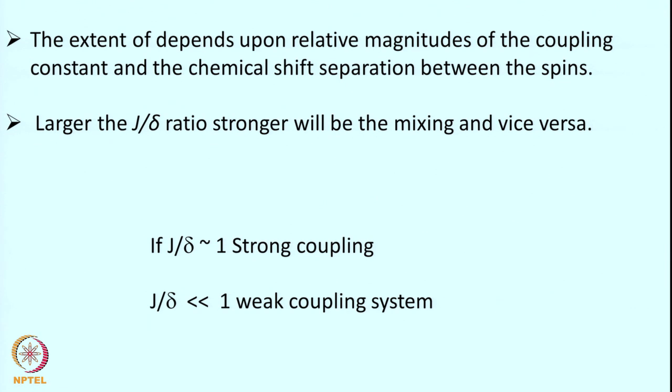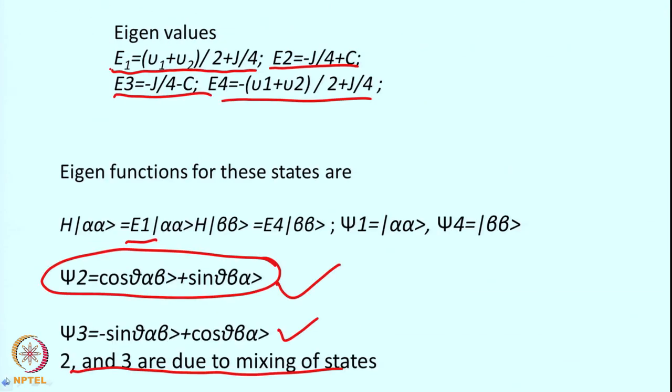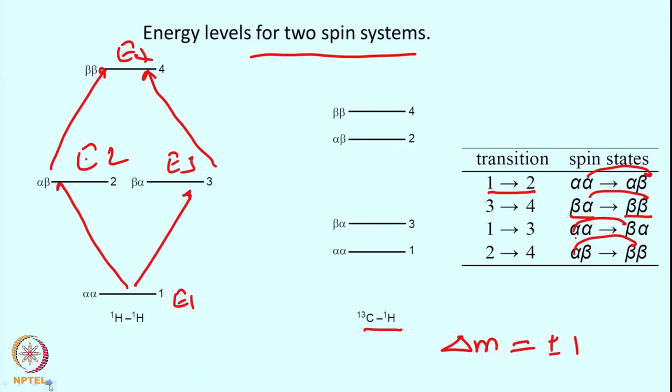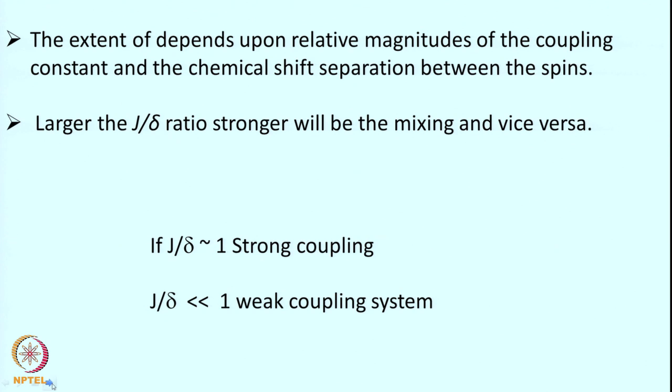Now, let us go back. So, the extent of this mixing, as we saw that it has a J term in the previous slide, we looked at the energy level has a J term. So, the extent depends upon the relative magnitude of the coupling constant, how much coupling constant is there, and what is the separation between the chemical shift of these spins. So, here J by delta, J is the coupling constant and delta is the difference in the chemical shift.